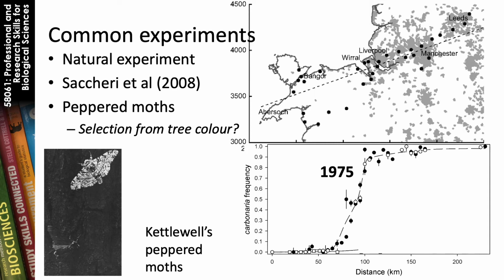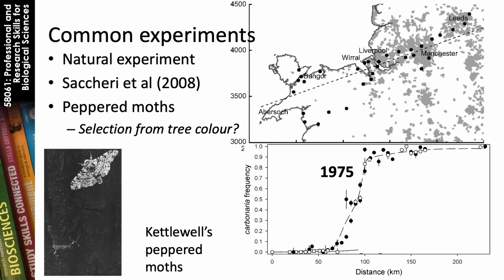And so that was linked to the reproductive success of the black form of the moth. And that kind of pattern is called a genetic cline, where you get a change in the frequency of one allele, and you can link it to the selective pressures involved. But Sakari et al.